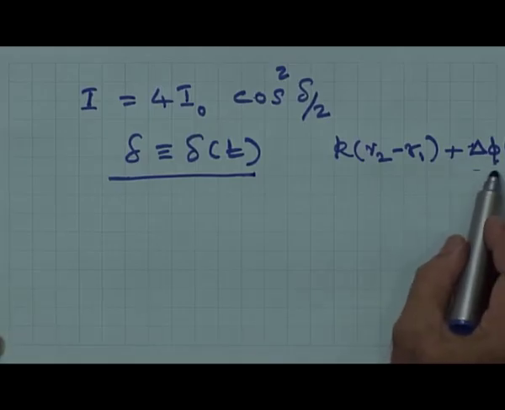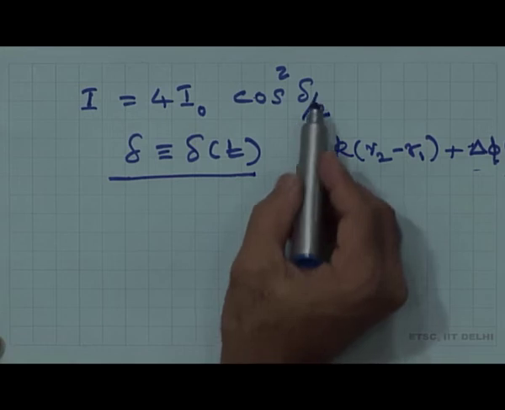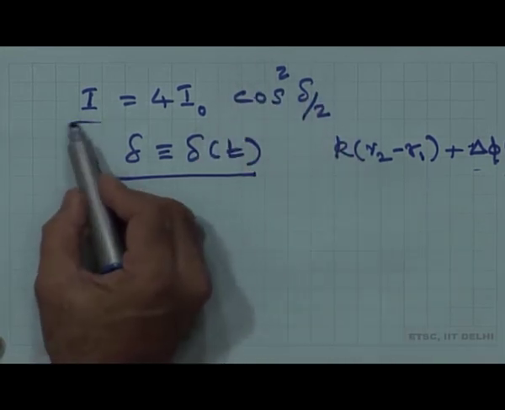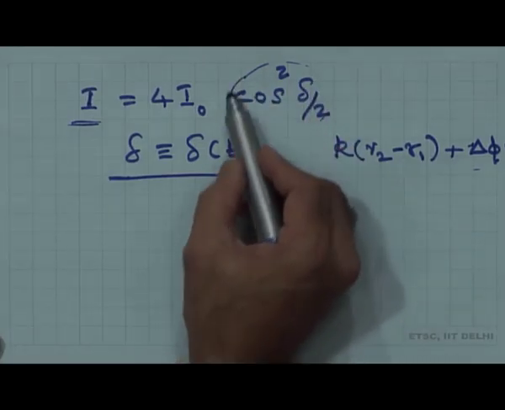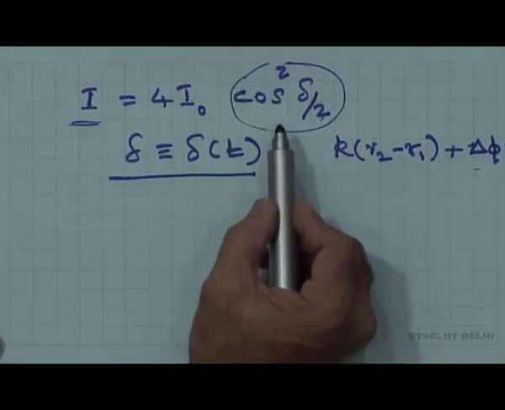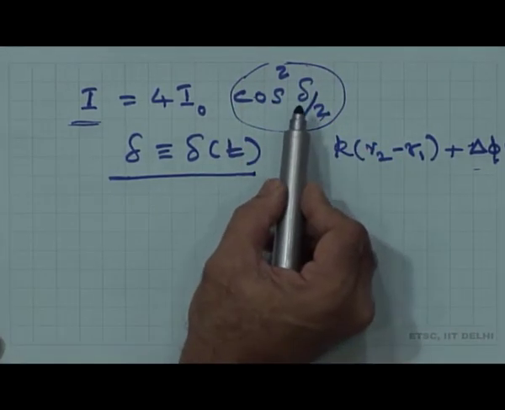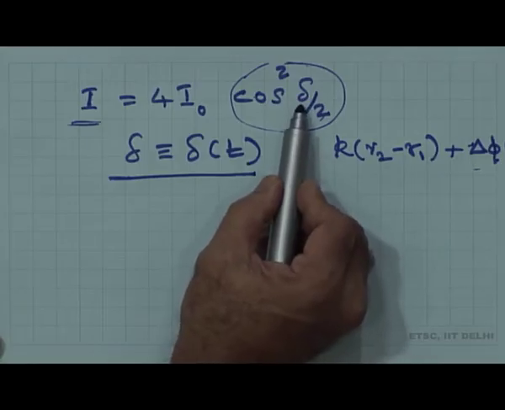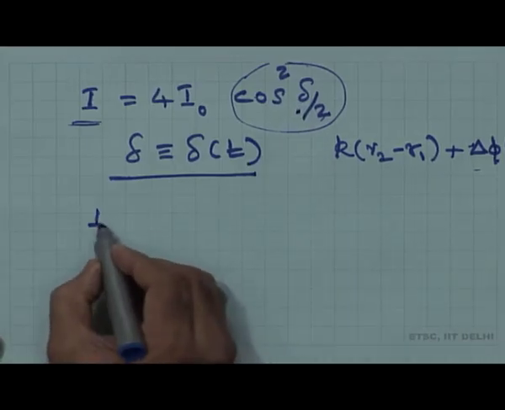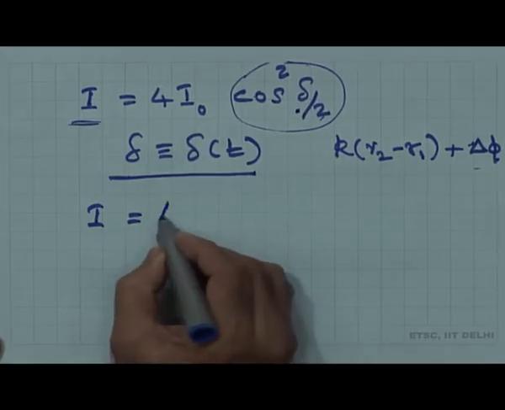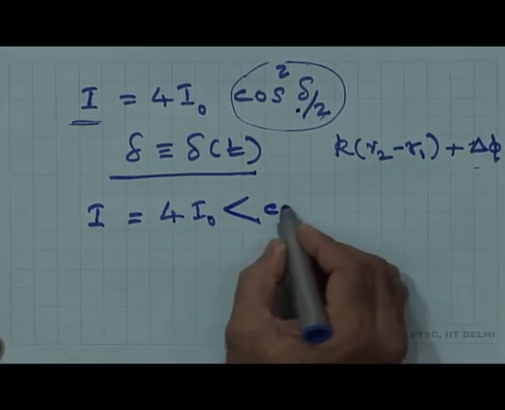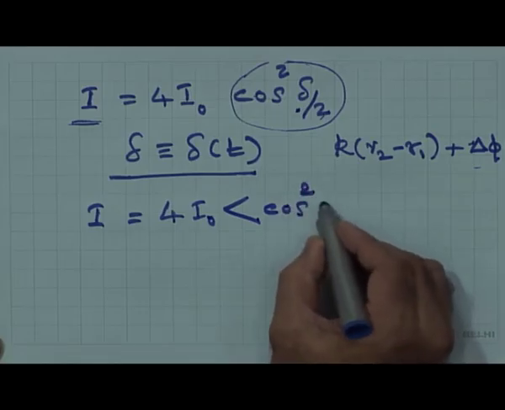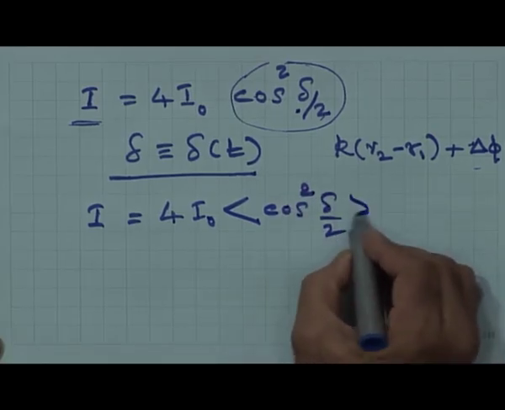or rapidly with time, and therefore, to see the intensity we have to take the average of this rapidly varying cos square function. Delta is randomly or rapidly varying, and therefore we write intensity I equal to 4 times I 0 into the time average of cos square delta by 2.